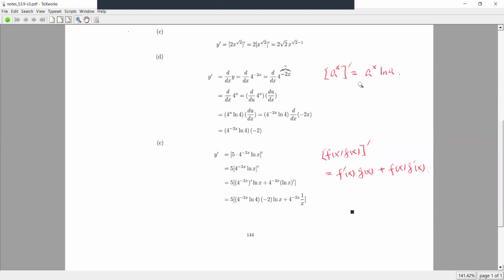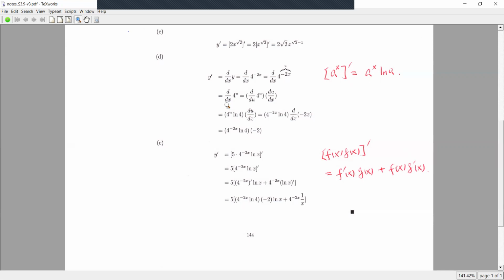In order to use this formula, I need to simplify the function. I let u be negative 2x. Then the function becomes 4 to u. About this derivative, because u and x are different, I cannot directly apply this formula to compute this derivative.